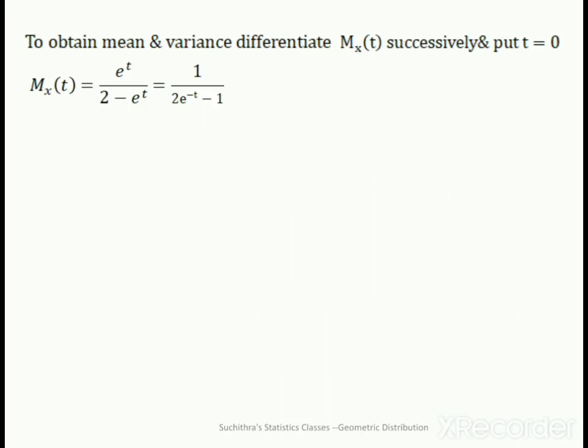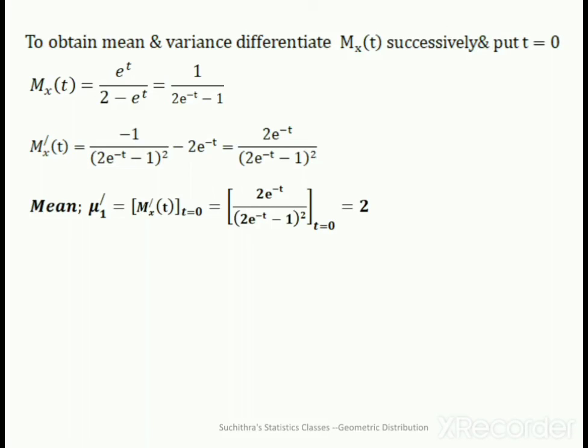For that one, we will rewrite M_x(t), we know that M_x(t) is e raised to t by (2 minus e raised to t). We will rewrite that as 1 by (2 e raised to minus t minus 1). So first order derivative M_x dash(t) is this one. Then mean mu1 dash is equal to M_x dash(t) at t equal to 0, which is equal to 2.